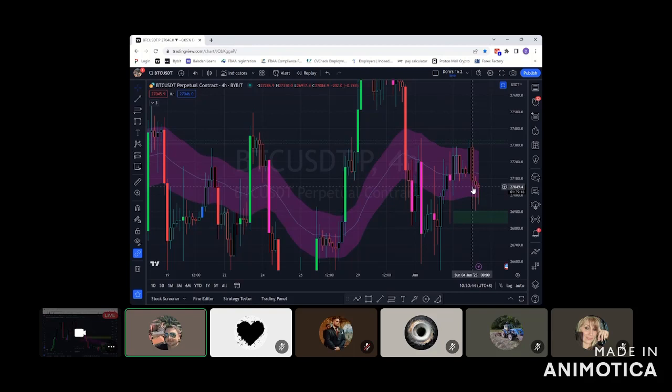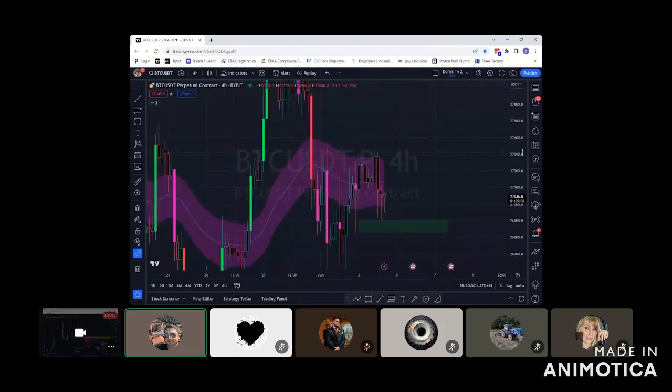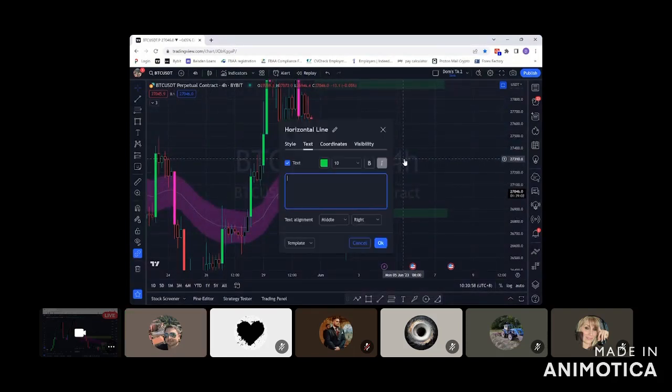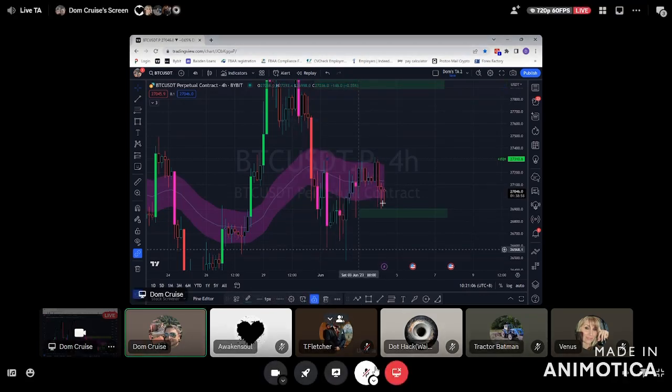What's that one? There we go. Perfect. See that? 27.310. There's your trap. There's your reason to come back up. So if I mark that off, that's a perfect one for our EQH. Boom. Cool. Locked in.